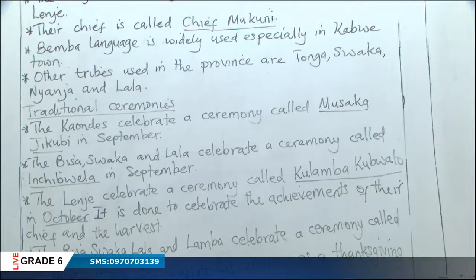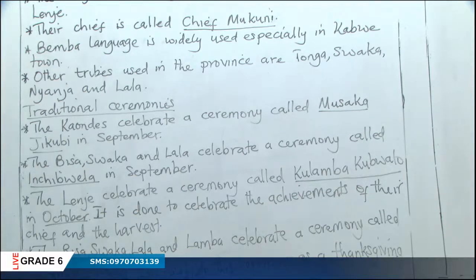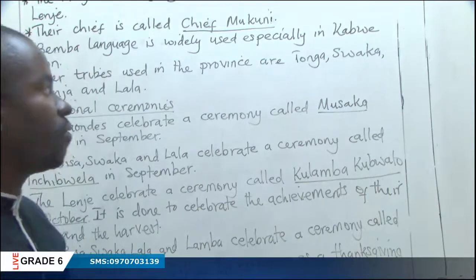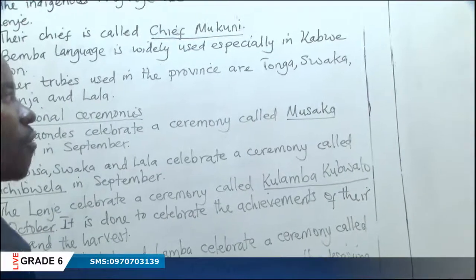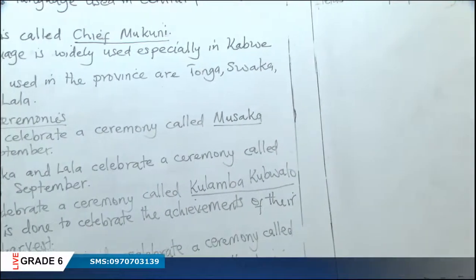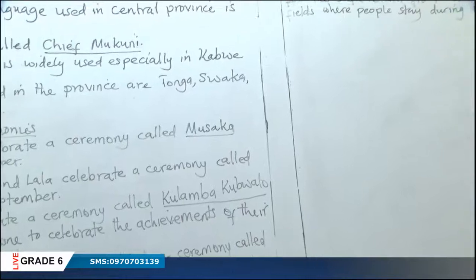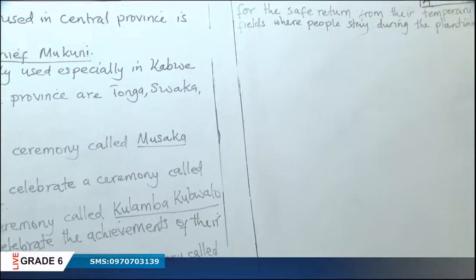Boys and girls, let's look at the Visa, Swaka, Lala, and Lamba. They celebrate a ceremony called Ichimbwela Mushi. They celebrate this ceremony as a thanksgiving for the safe return from their temporary homes in the fields where people stay during the planting season.